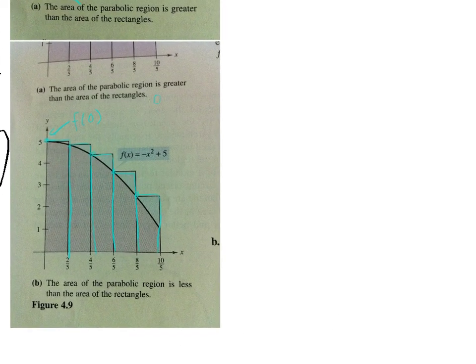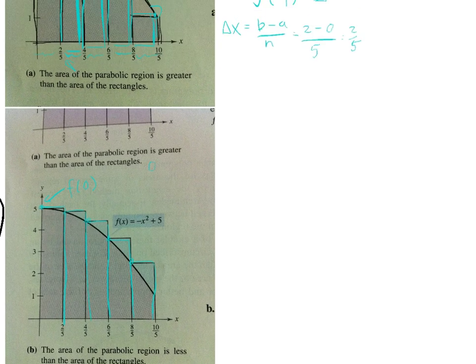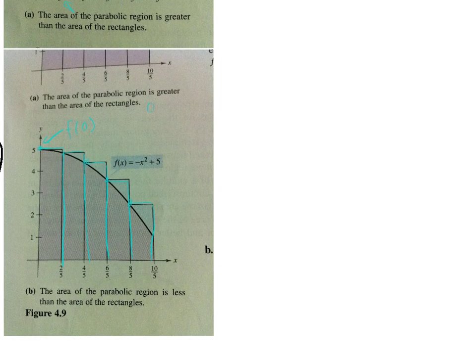requires us to use the left endpoints. The left endpoints are slightly more difficult to grasp. In this case, the endpoints are 0, 2/5, 4/5, 6/5, and 8/5. It ends at 8/5.